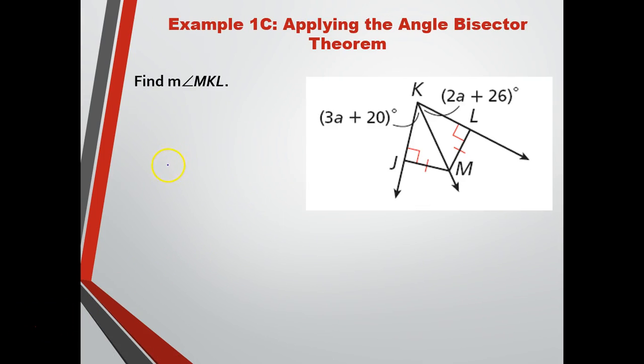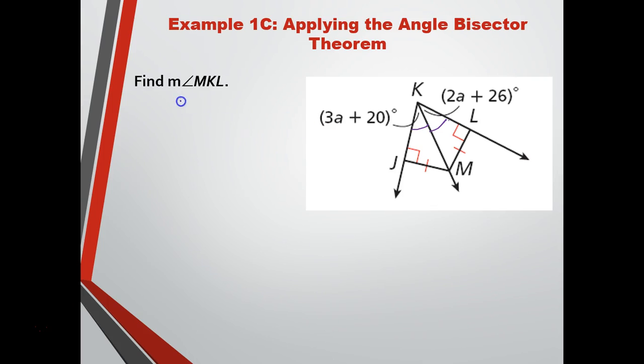Okay, here, again, we're going to be using the converse of the angle bisector theorem. We are given that JM is congruent to ML, and that means that these two angles right here and here are congruent to each other.